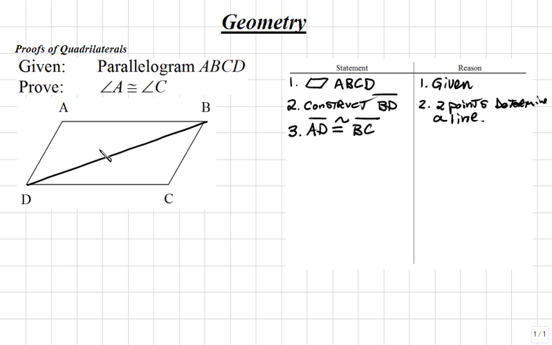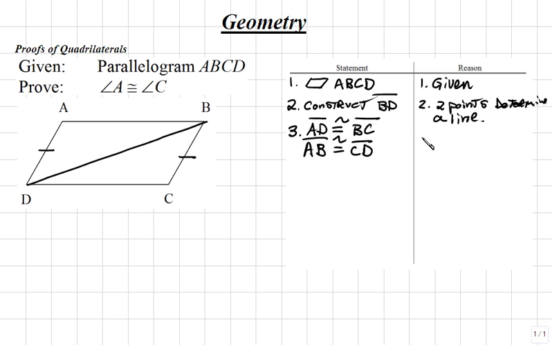So, since AD is congruent to BC, we'll use a single tick mark to represent that these two segments are congruent. While we're at it, segments AB and DC are congruent as well. So, AB is congruent to segment CD.